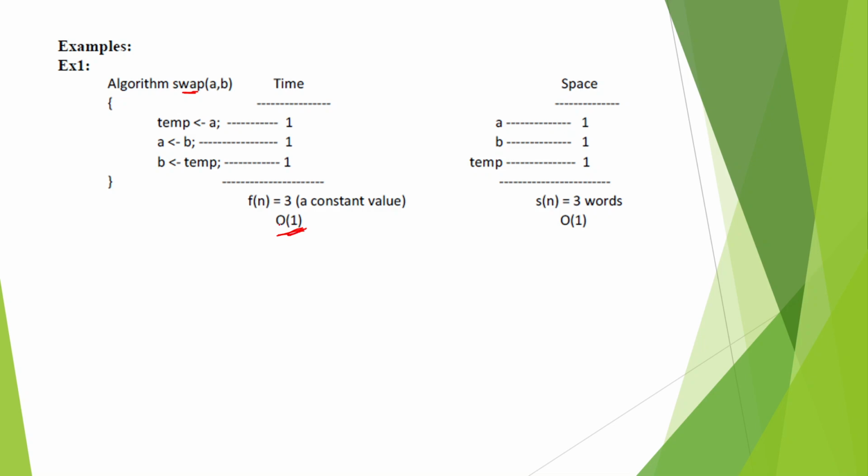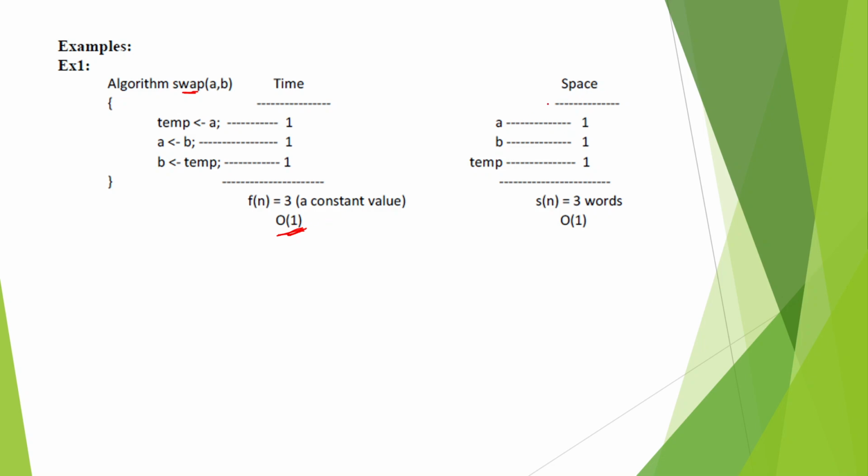Why this big O of 1 is written here, we will understand tomorrow. Whenever we get a constant number of units of time for our time function, the order will be order of 1. Remember that.